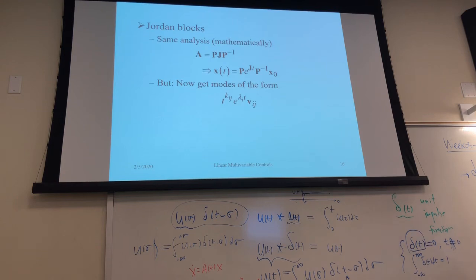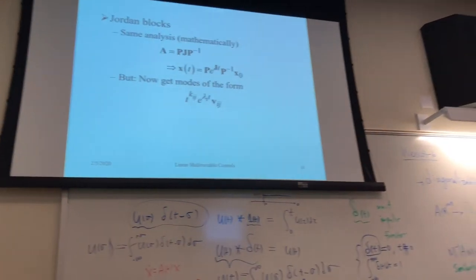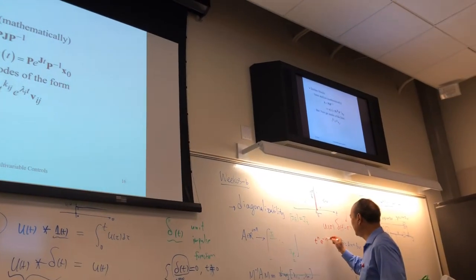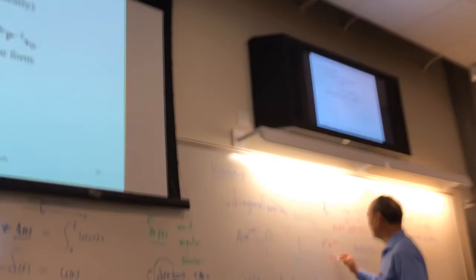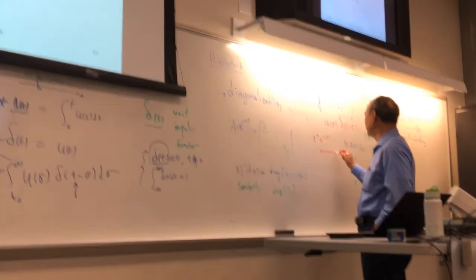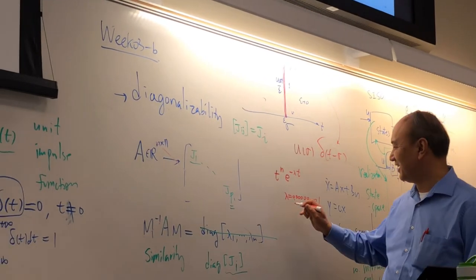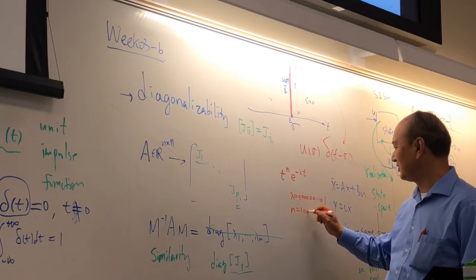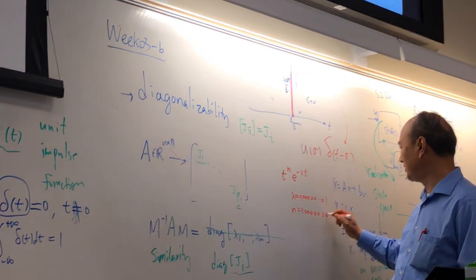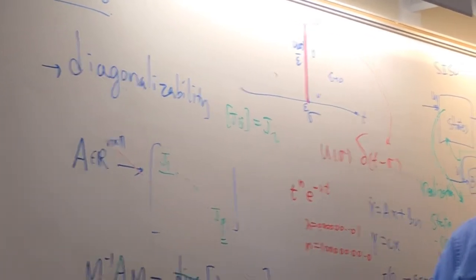I want to remind you that if you have t to the power of n and e to the power of lambda t, say for example lambda is 0.000001, and n is 1000000, very, very big, many, many zeros.